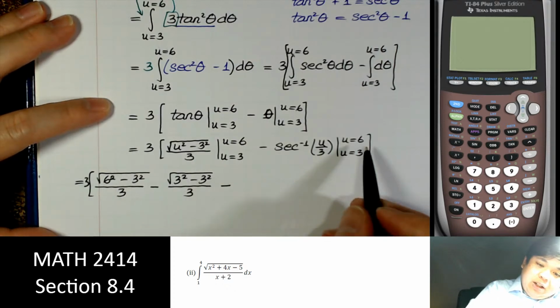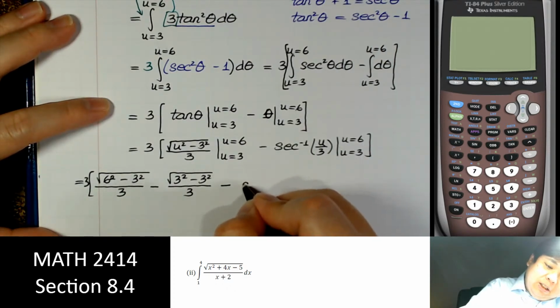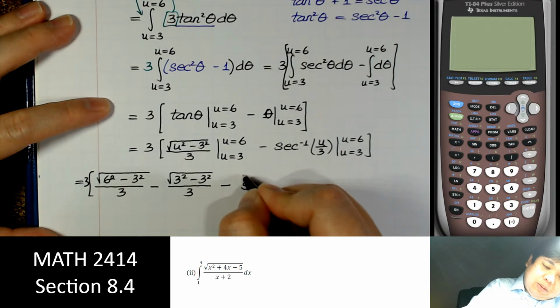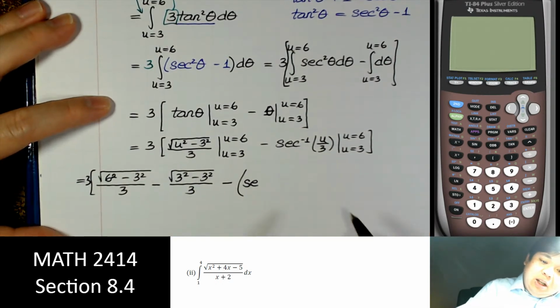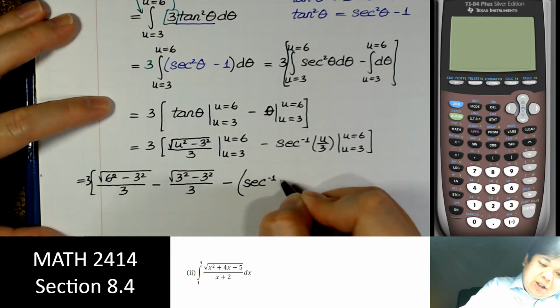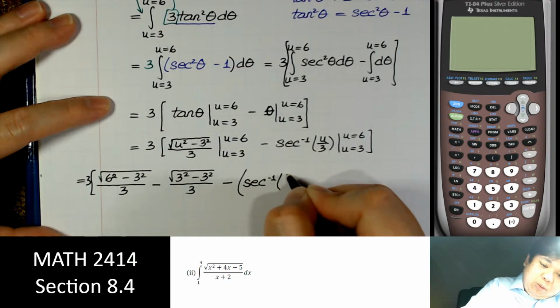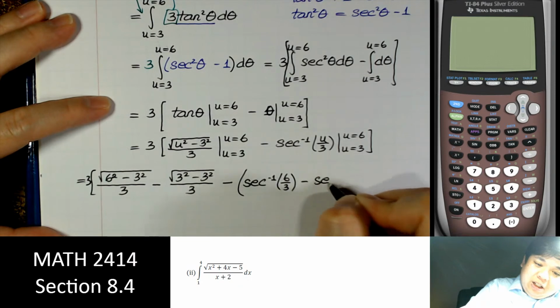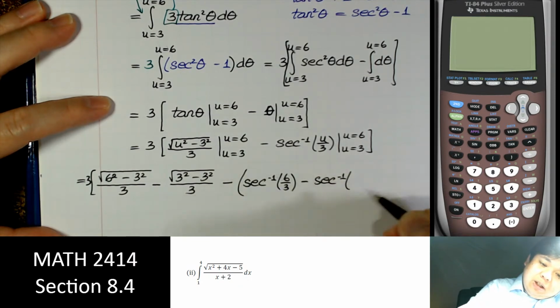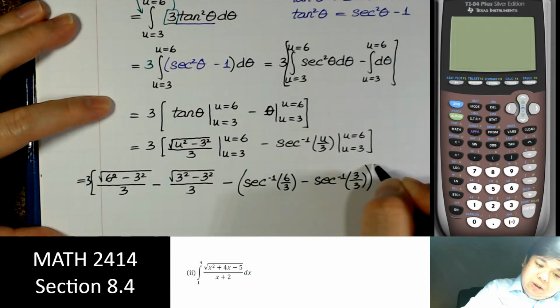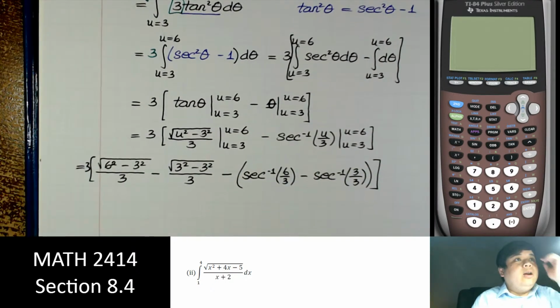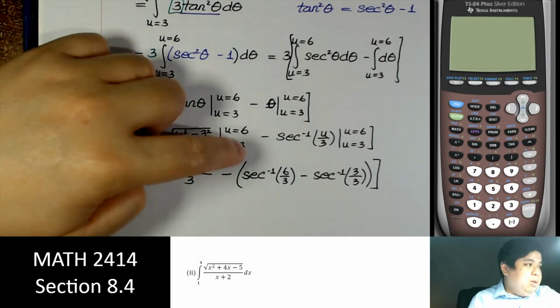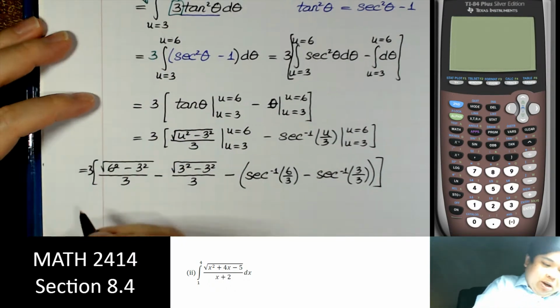And then we subtract secant inverse, where we put 6 in for u, and then subtract secant inverse where we put 3 in for u. So put the upper limit, put the lower limit, and subtract them.